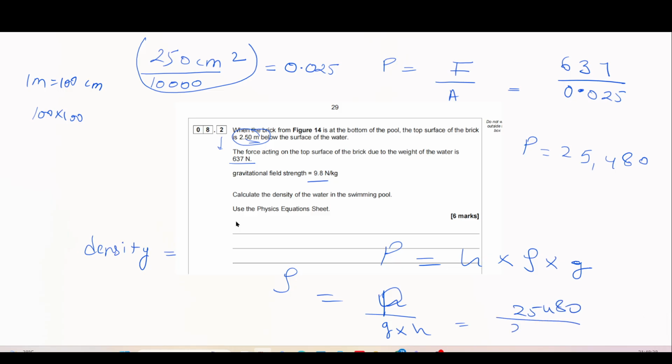Yes, 2.5 times 9.8. So 25,480 divided by 2.5 times 9.8.